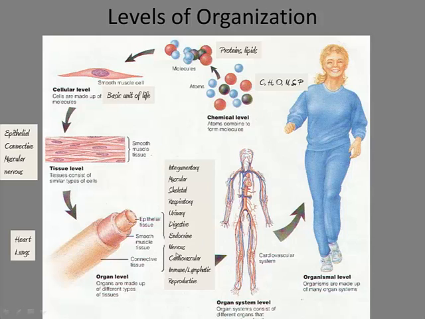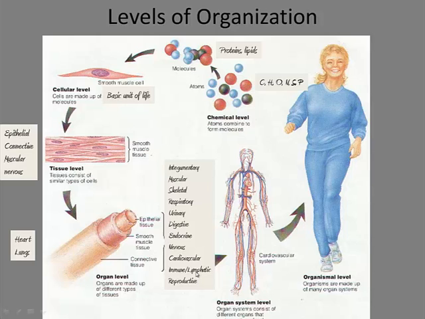The nervous system would be the brain, spinal cord, functioning to send signals and communicate between different areas of the body. A cardiovascular system would be the heart, arteries, veins, functioning to pump blood through the body. Immune lymphatic would be the lymph nodes, white blood cells, functioning to keep foreign invaders out of our body.